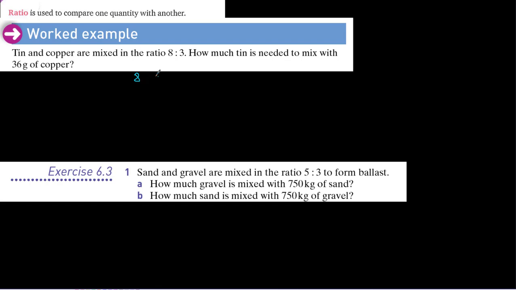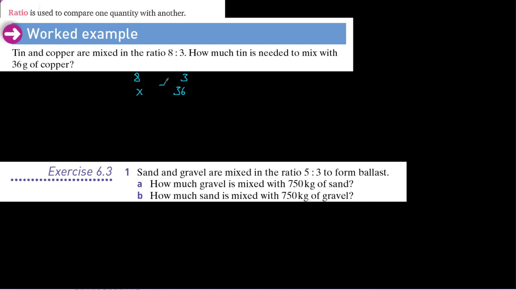8 units of tin can be mixed with 3 units of copper, which means if 36 grams of copper is given, how many grams of tin should there be?